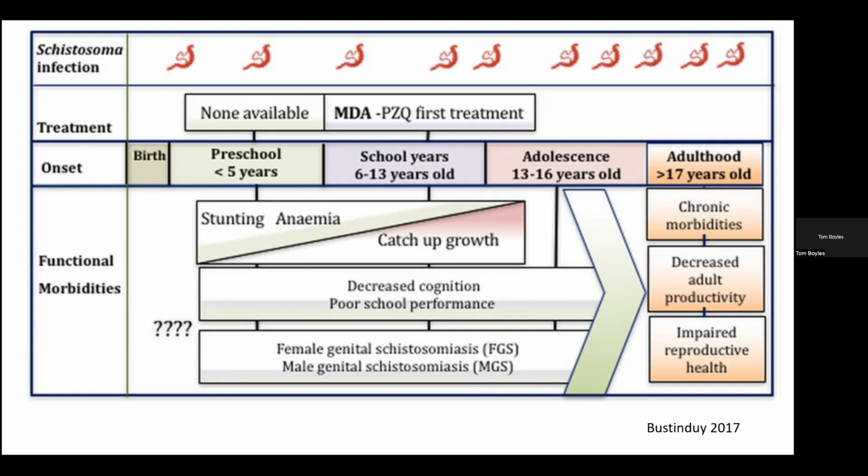And what does it do? Clearly there's a continuous loss of blood in the urine for these patients, but there's also a pro-inflammatory state within the body, which is debilitating.